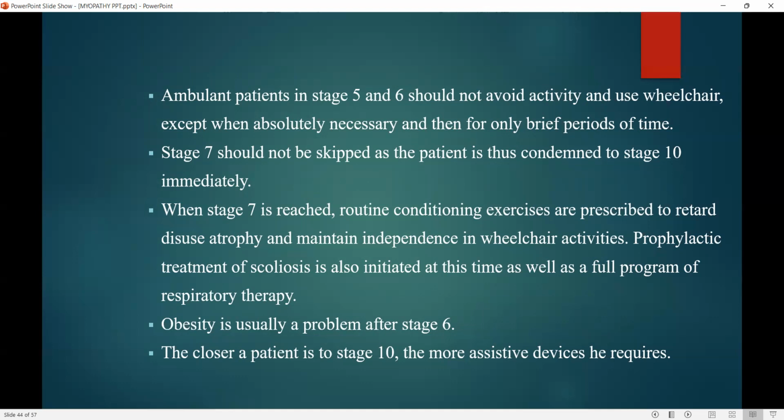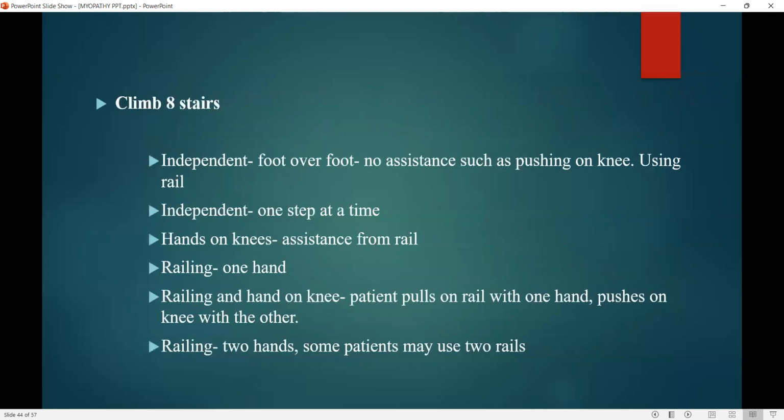Prophylactic treatment of scoliosis is also initiated at this time, as well as the full program of respiratory therapy. Obesity is usually a problem after about stage 6. The closer a patient is to stage 10, the more assistive devices he requires.